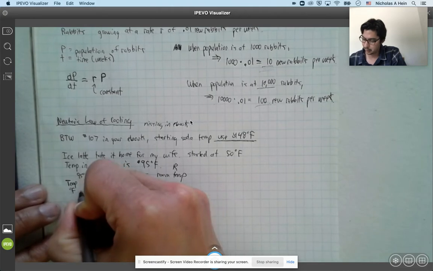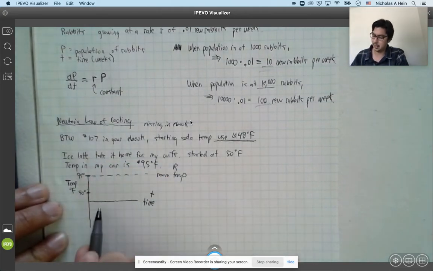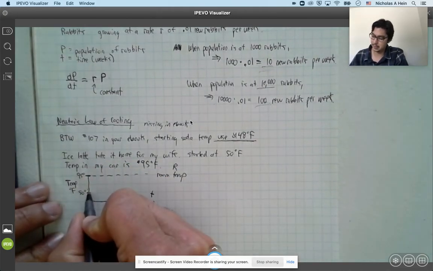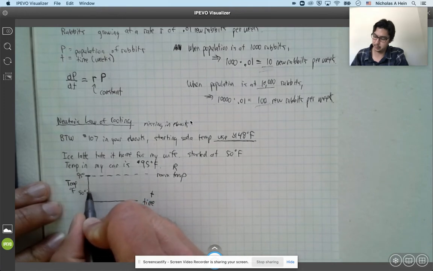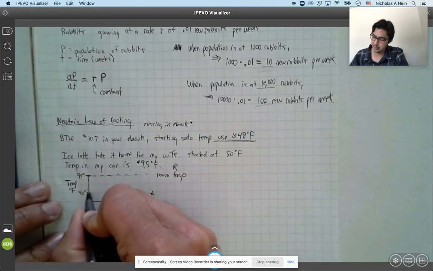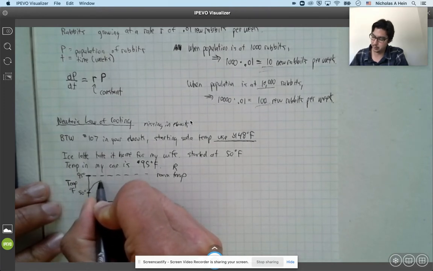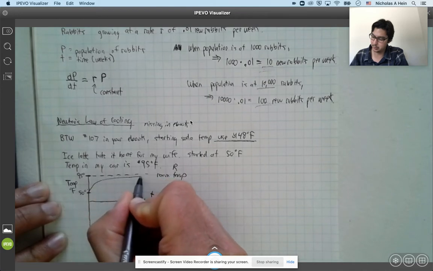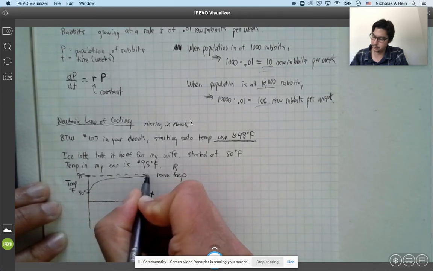Well, what's going to happen is as time goes on, this is going to get warmer, but how is it going to get warmer? Well, it's going to get warmer in the beginning a lot faster than over time as it gets slower and slower approaching that room temp.